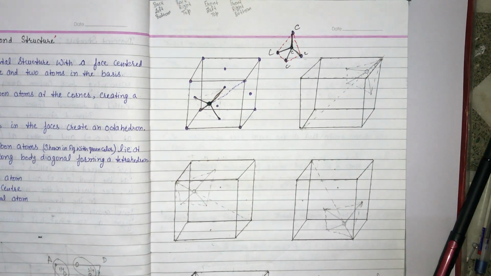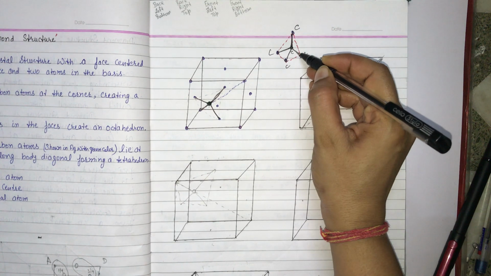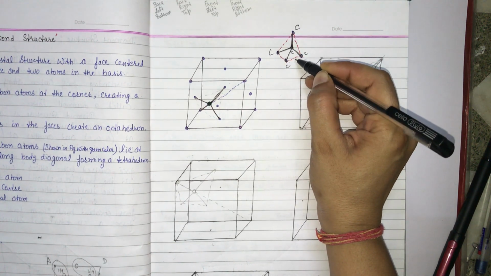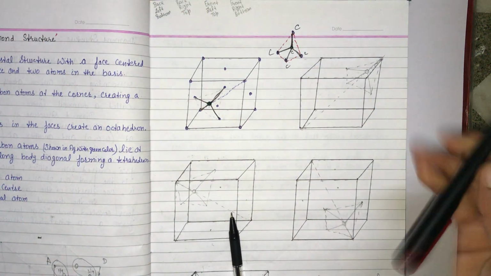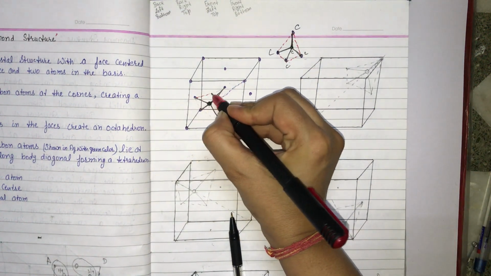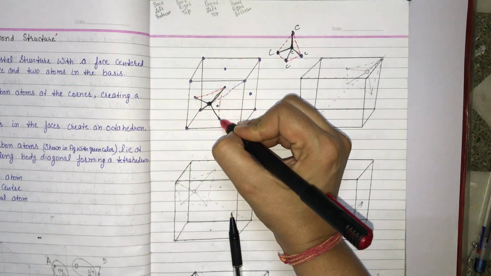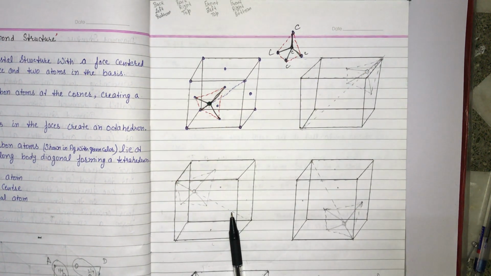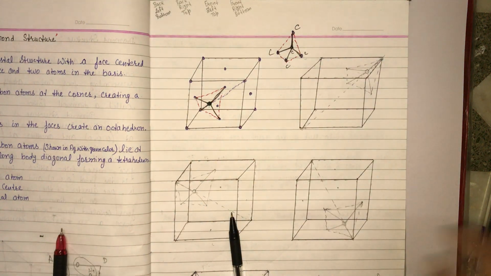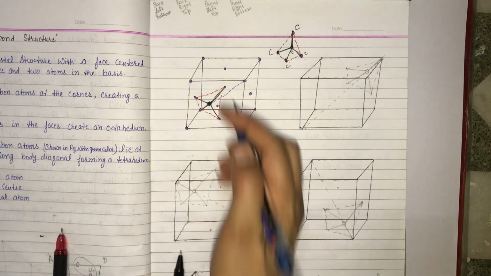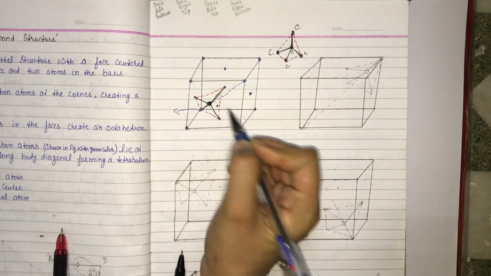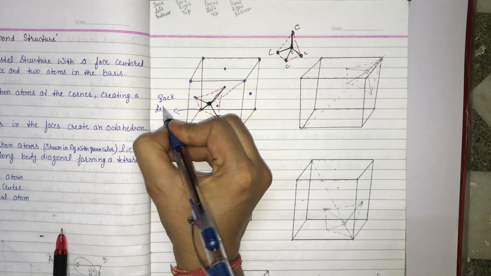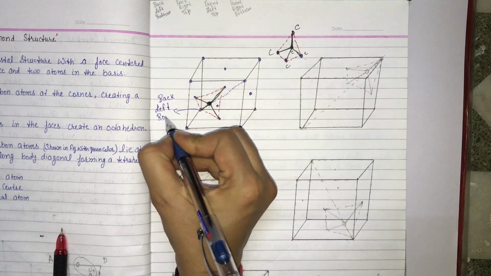Clear? Covalent bonds are shown with this black color, and this tetrahedral 3-dimensional picture is shown with the red color. So mark this tetrahedral, this will make a covalent bond like this. This will make a tetrahedral. Clear? So you can mark this position as, this is back face, left side, and the bottom.